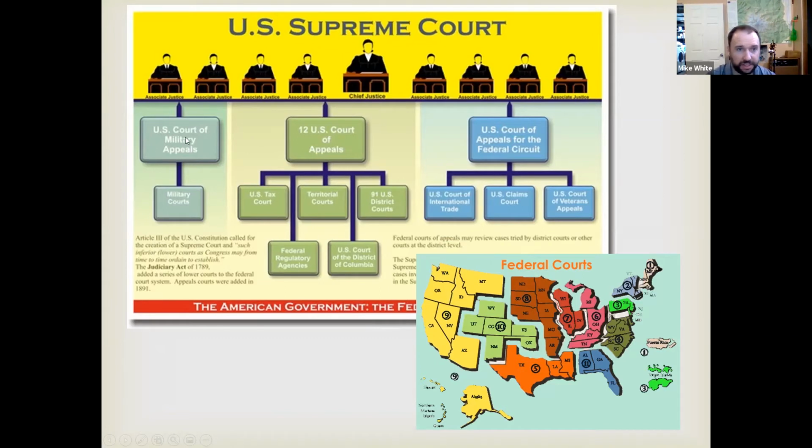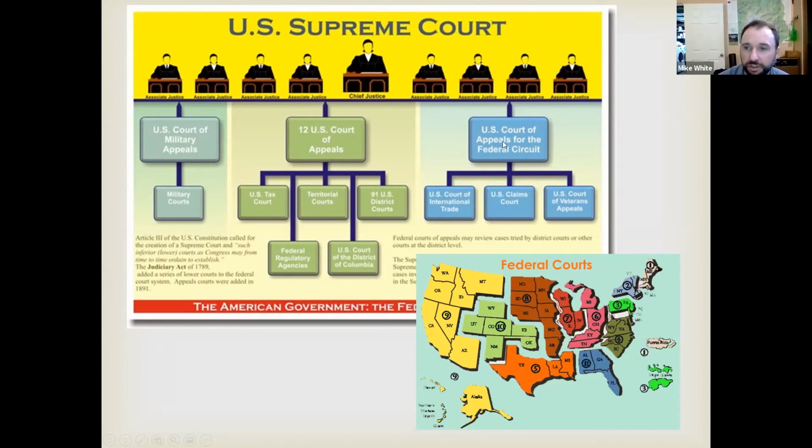So you can see up here, this first chart, there is a court of military appeals, there's a U.S. Court of Appeals, and then there's a U.S. Court of Appeals for the Federal Circuit. I'm not going to go through all these little subcategories, but you can look at them yourself. The important thing to know is that basically the federal court system has reach over the entire country. Right? So that's all the time I really want to spend on that.